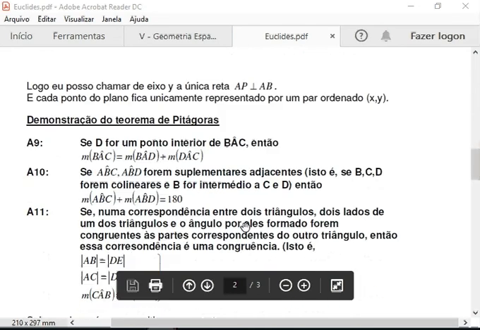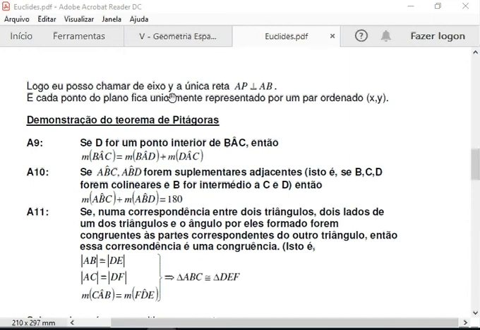Therefore, I can call the y edge the only and single straight line AP perpendicular to AB. And each point of the plane is uniquely represented by an ordered pair x and y.